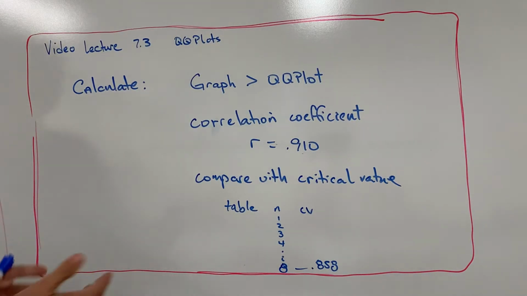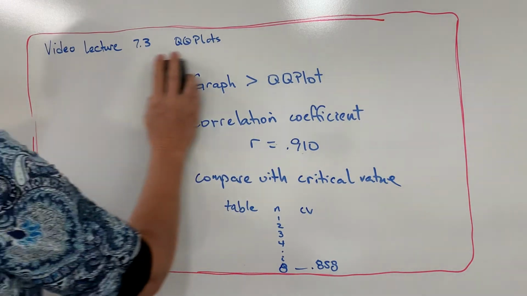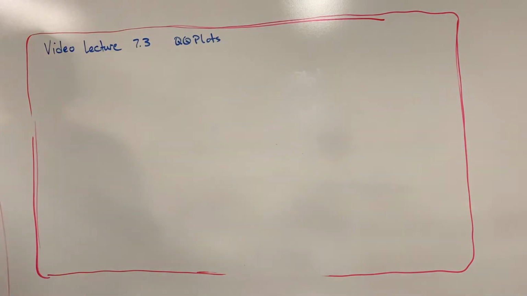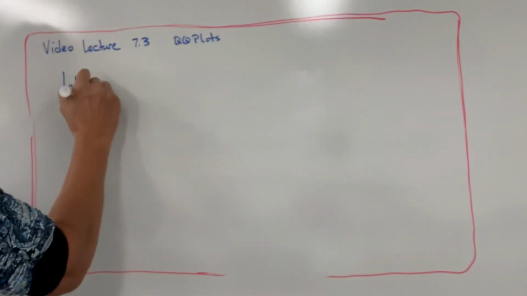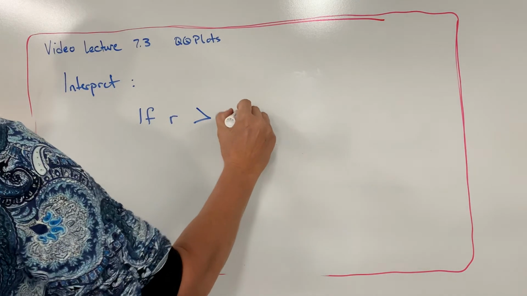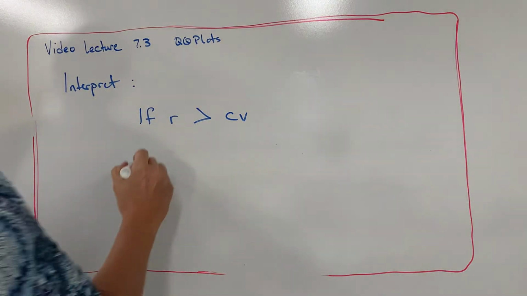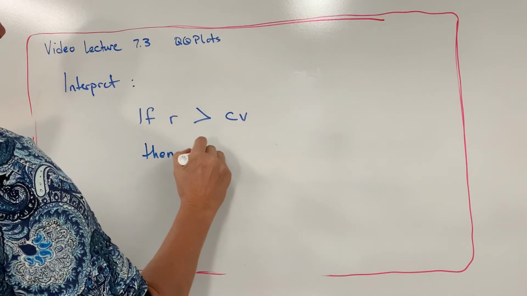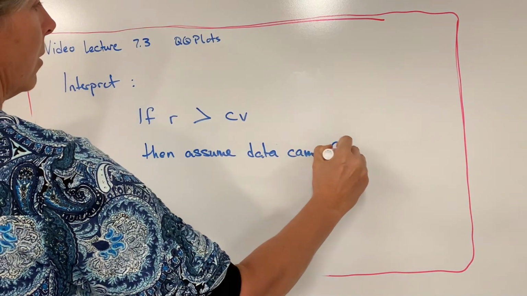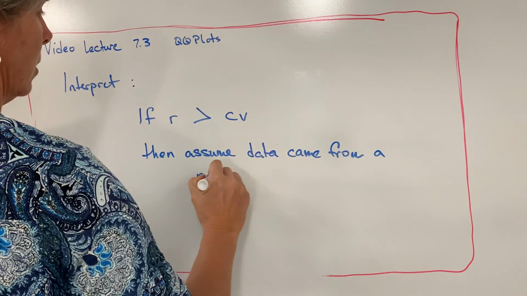And this part should feel similar to what we did with the linear correlation. So how do we interpret our answer? This part is pretty much the same. The interpretation is if the correlation coefficient R is bigger than the critical value, then you can assume that the data came from a normal distribution.